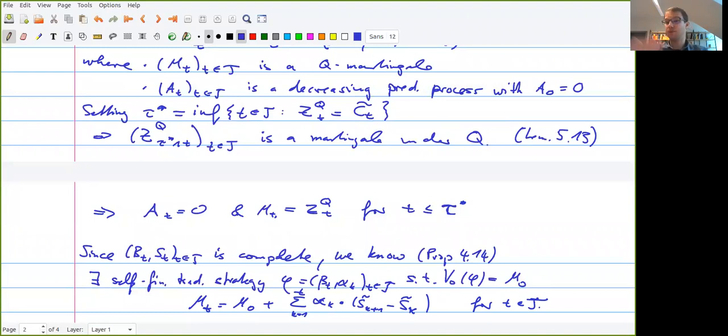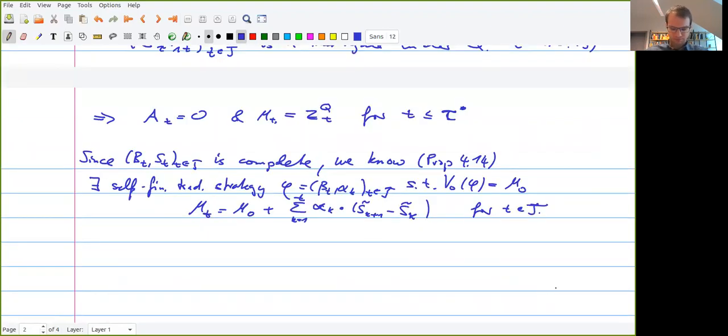Yeah, so I mean, there was nothing hard in it. It was just putting in all the things we know. So what do we see now? Well, first thing, the arbitrage free price of the American option is equal to M0 is equal to V0, right? This was how we derived it.